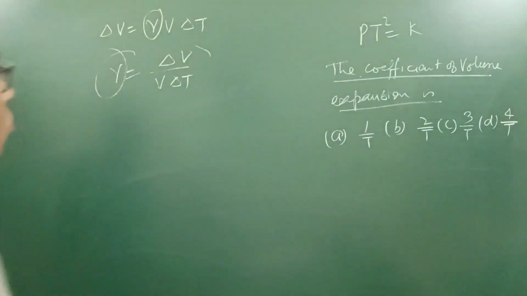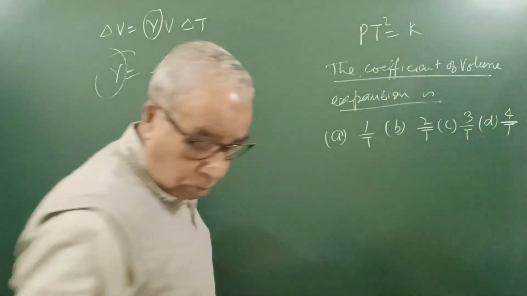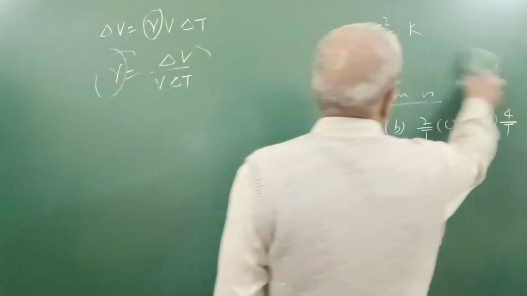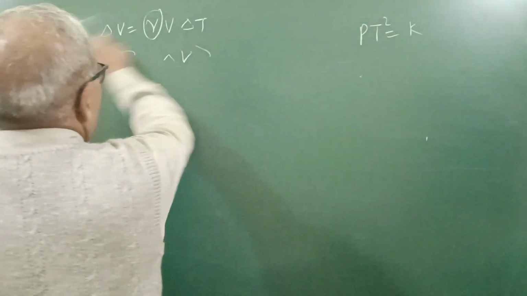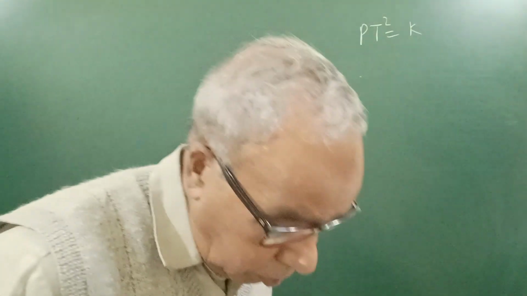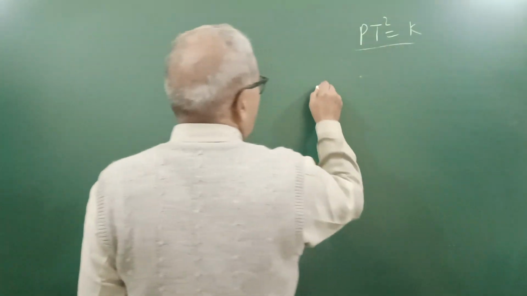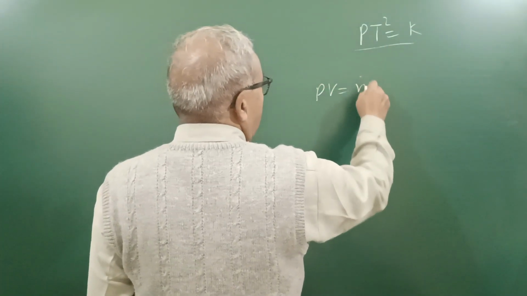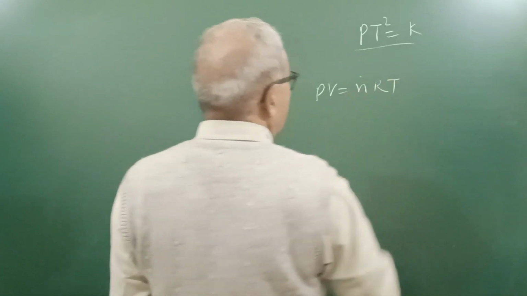So we know we are given this condition, and further we know that PV is equal to nRT, where n is the number of moles.